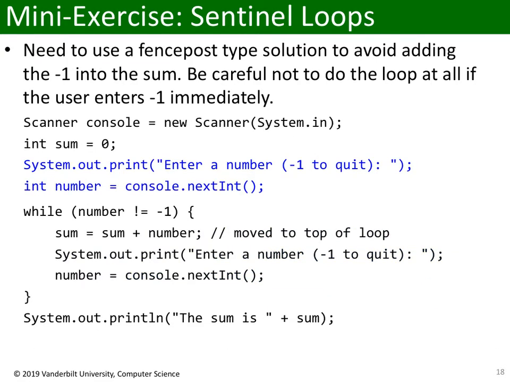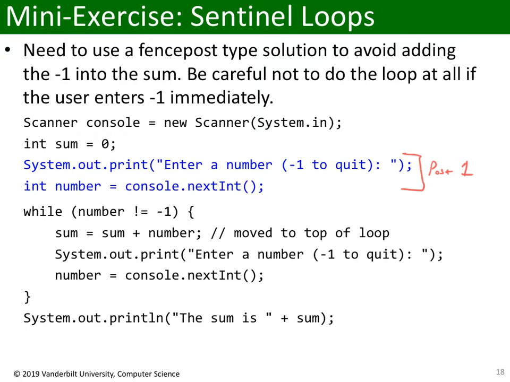So here is a solution using the pattern we just discussed. We will plant a post, so prompt the user for input. So post 1. We'll plant that post before the beginning of the loop. Then we will begin the loop and we check to see if number is not equal to -1. So here's our sentinel condition.